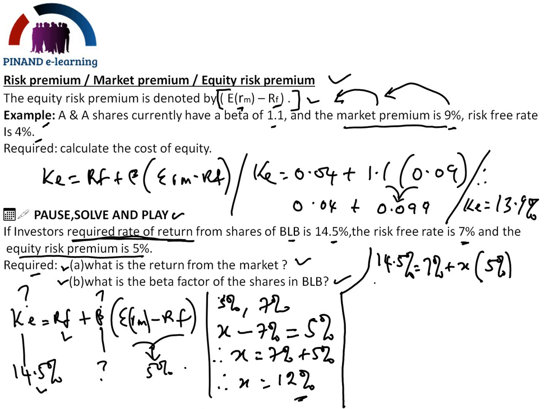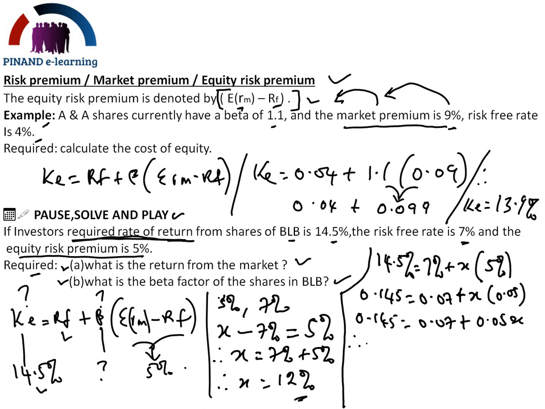This becomes 0.145. Put them in decimals. 0.07 plus X times bracket 0.05. Now, if we remove the bracket sign, it becomes 0.145 equals 0.07 plus 0.05x.